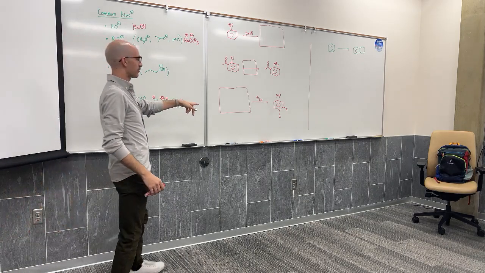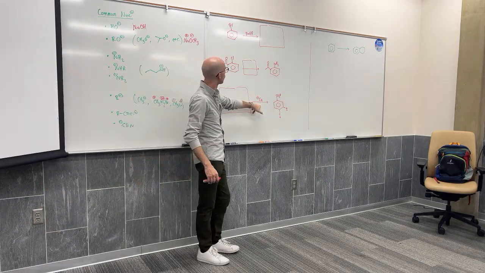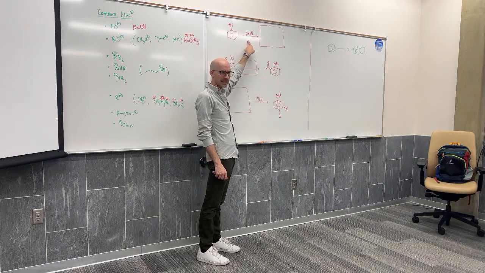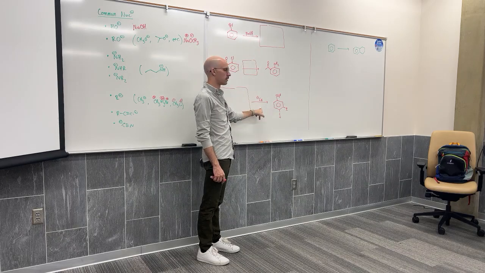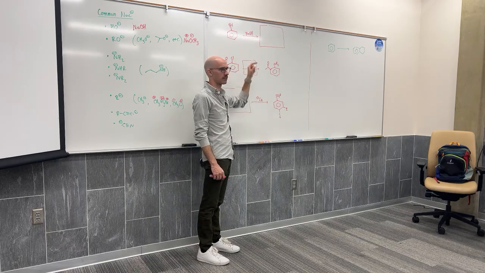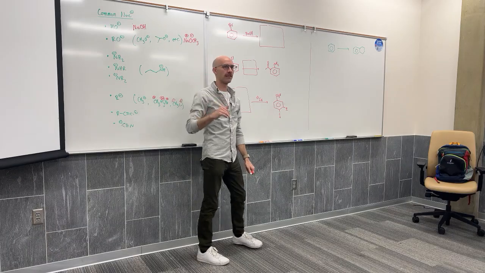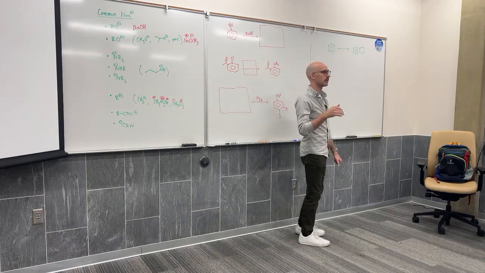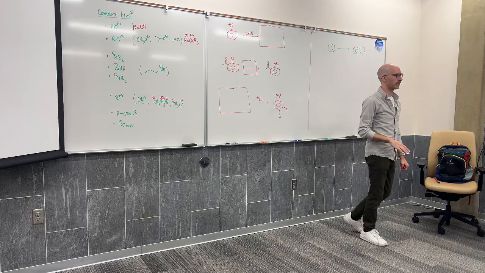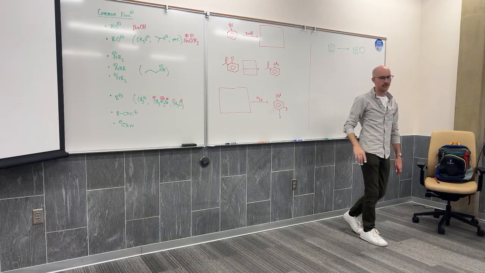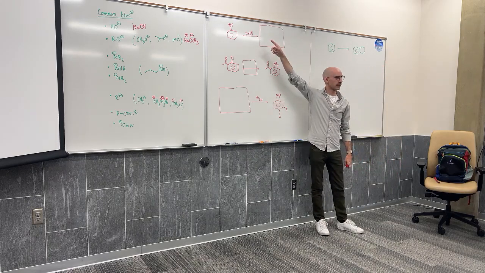Do these reagents remind you of the reagents we put over the arrow for EAS reactions? Like when we did EAS reactions, we had Br2 FeBr3, Cl2 AlCl3, alkyl halide AlCl3. They don't look similar, do they?